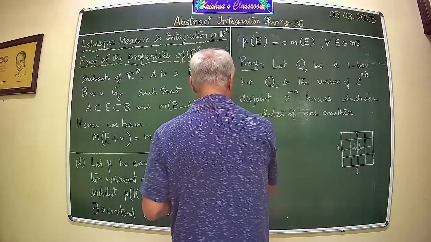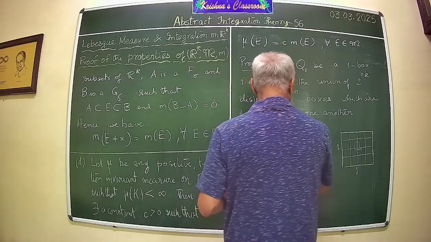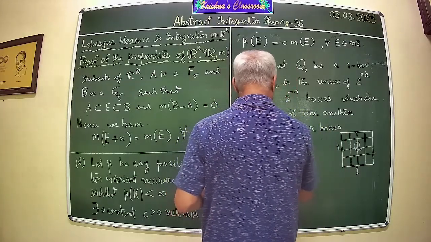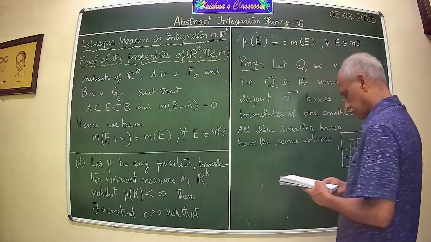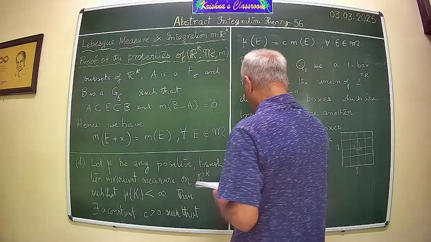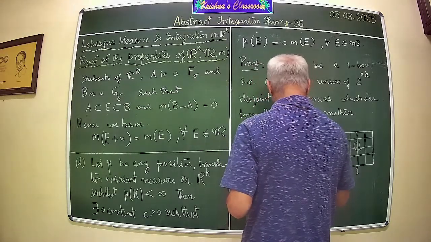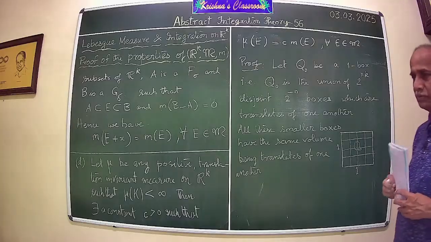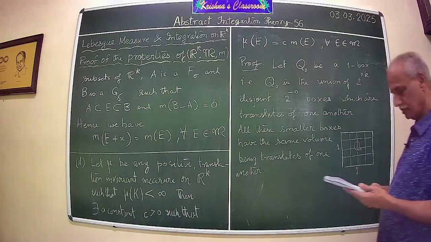Therefore, they have the same volume and we already used 2 results about the volume, the measure of the box, and the other one is this m is translation invariant. Okay, therefore what do you get?